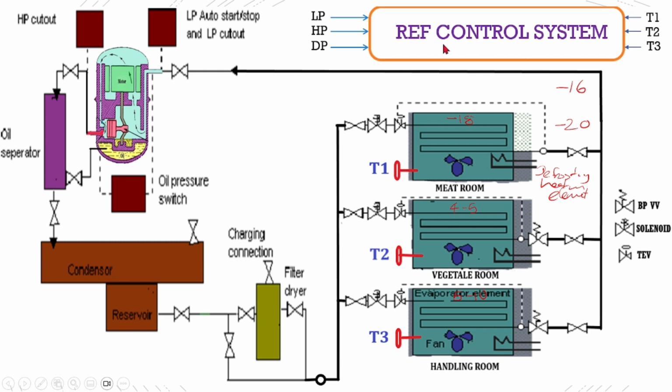This control system is a control board or motherboard, a PLC control system, that will initiate the command to open or close the solenoid valve depending on your cut in and cut out temperature sensing values, right?